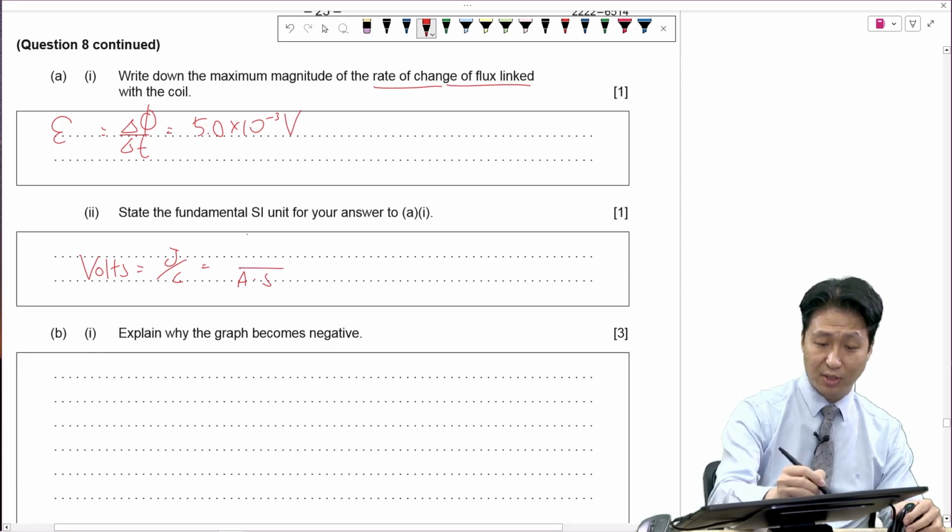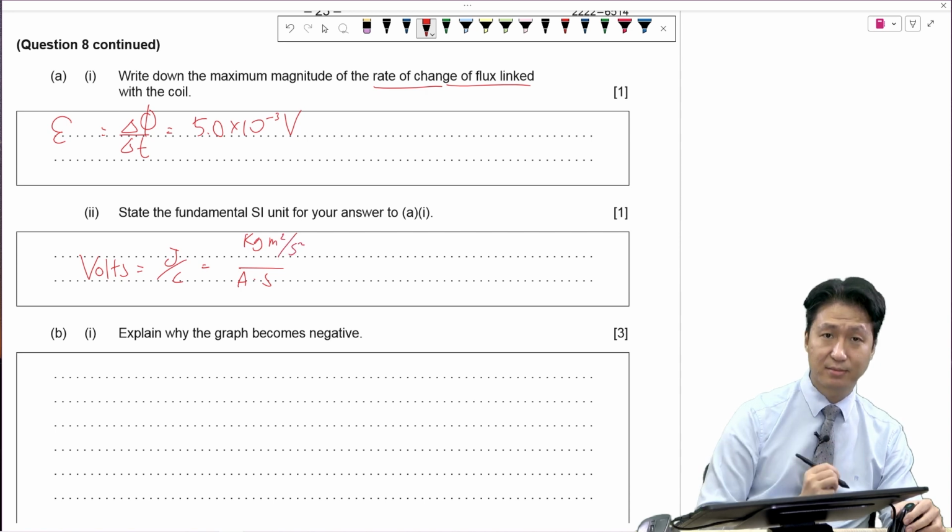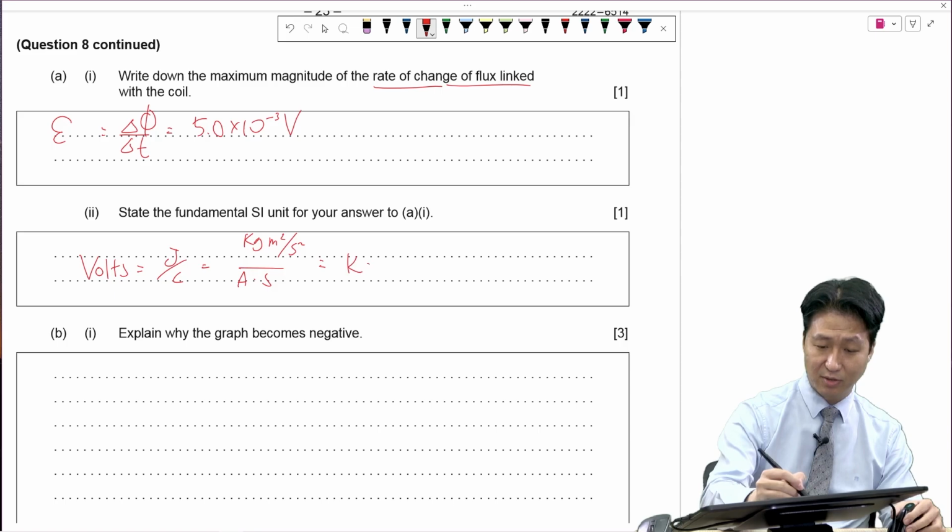And joules are kilograms meters squared per second squared. So simplifying this, we get kilograms times meters squared divided by amperes and seconds cubed.